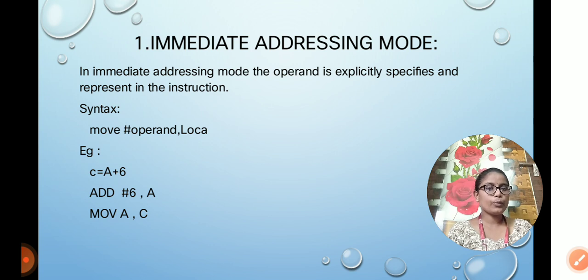For example, C equal to A plus B. This can be executed in assembly language as ADD #6, A, then MOVE A to C. Here the value 6 and the operand A value are added and stored in A, and that A value is moved to C. This is how it is executed in assembly language. Any operand is explicitly represented by using the hash mode. That is what the immediate addressing mode is.